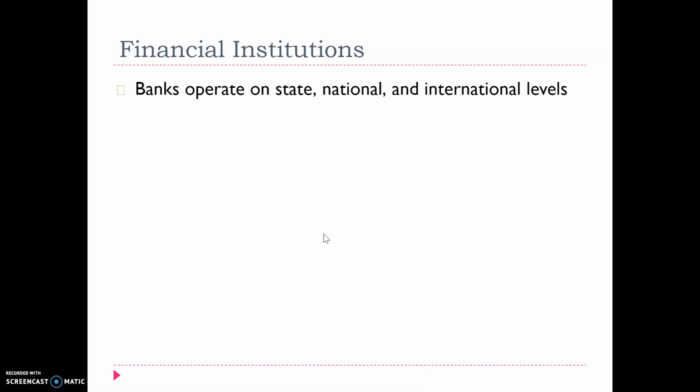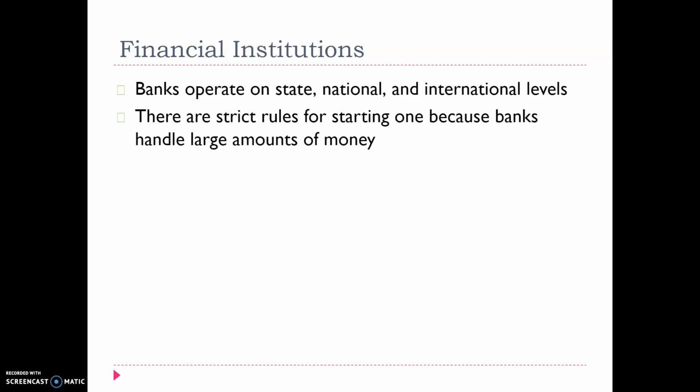Now, the other type of financial institution I want to talk about real quick is that banks can actually operate on a state, a national, and international level. We have very strict rules for starting a bank because obviously they're going to handle large amounts of money, so they want to make sure that something isn't going to happen to them, which is what we call FDIC insured.